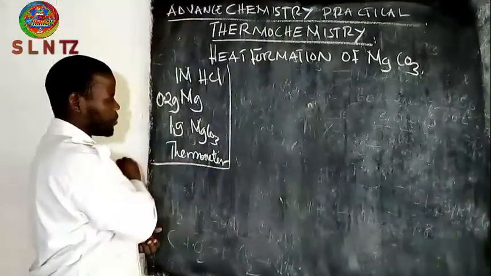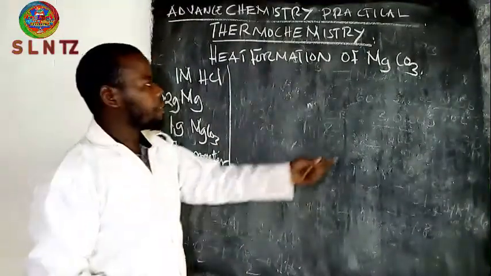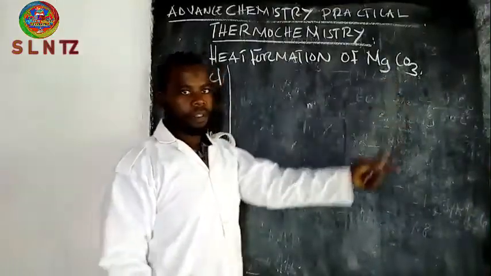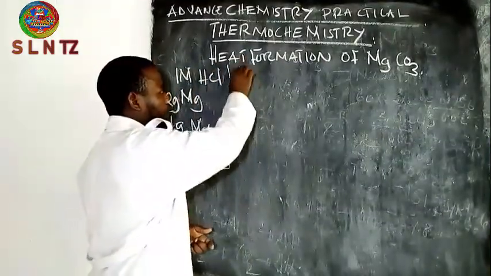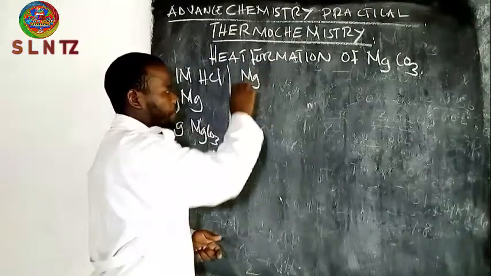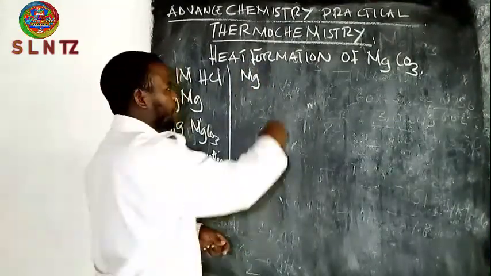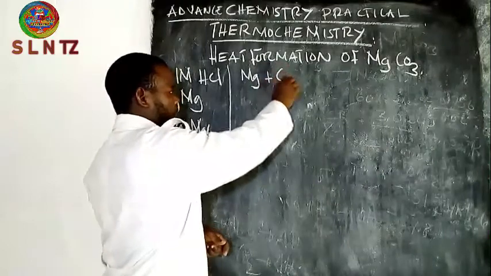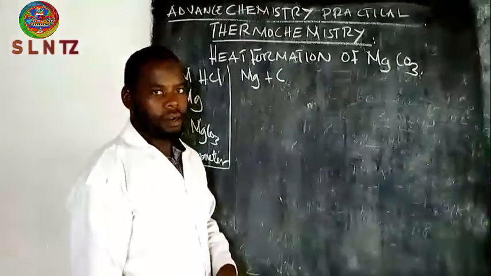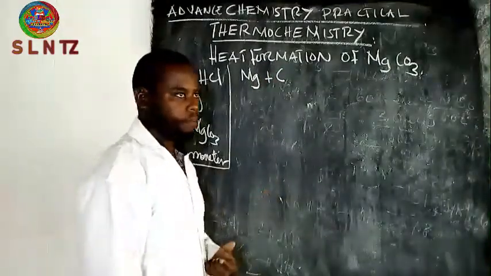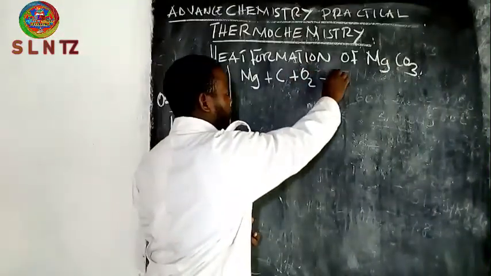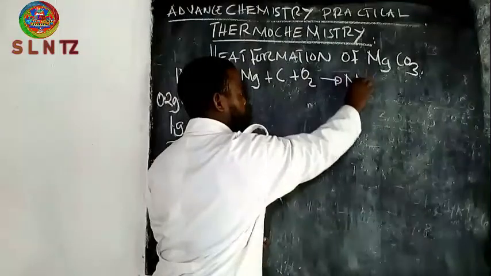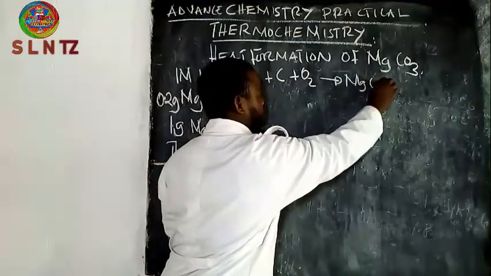Formation of magnesium carbonate. Magnesium carbonate is formed by using magnesium metal plus carbon, or plus coke, and plus oxygen gas, we form magnesium carbonate.